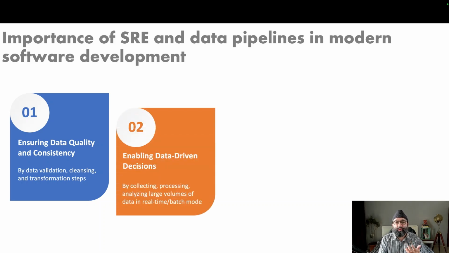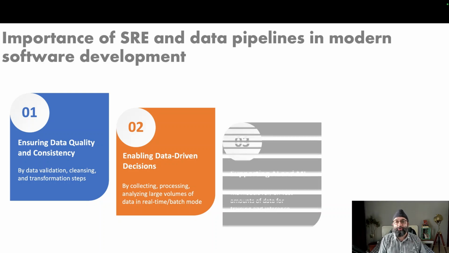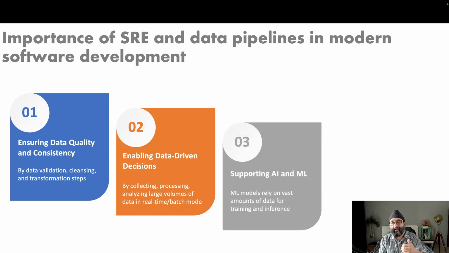Then step two is to ensure that data-driven decisions are enabled by collecting that large volume of data, by analyzing it, by processing it, and by creating some patterns. And how do you do those patterns? By supporting AI and ML, right?